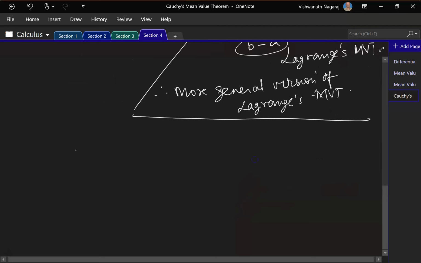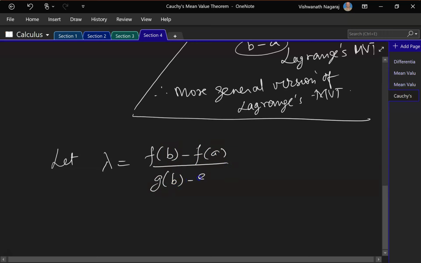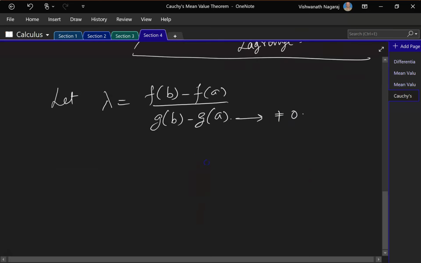So let's see how to prove it. Let lambda is equal to f of b minus f of a divided by g of b minus g of a, and here the denominator is not equal to 0. G of b minus g of a is not equal to 0.